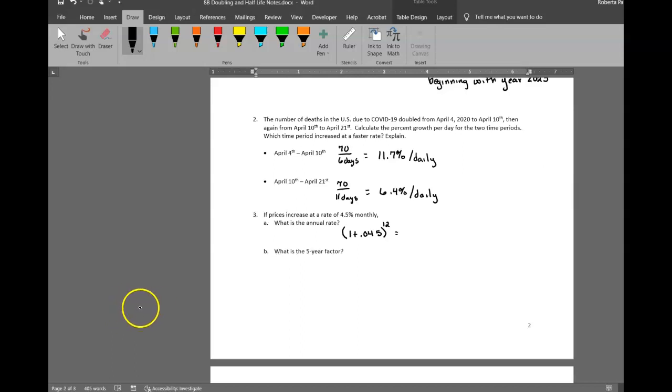And we're going to end up with 1.696. And remember that 1 represents 100%. So all we're looking at is this portion of our situation. So we know that it's a 69.6% increase per year.